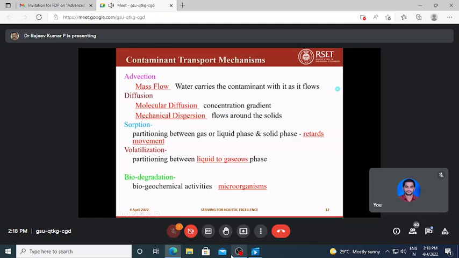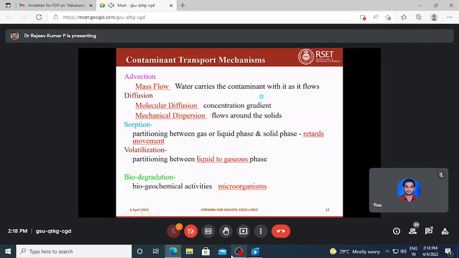These contaminants actually move or transport in the geo-environment, I mean water, pore fluid, and even air spaces, which may be entrapped air. It may transport in the form of mass flow along with the flow of water. Such a mechanism is called advection or advective transport.